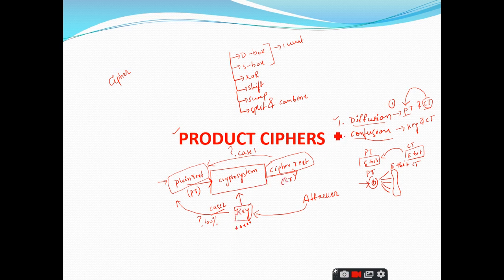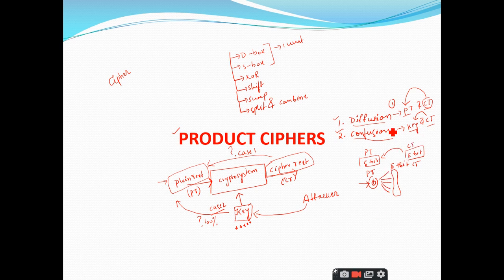And the second term that we need to discuss is confusion. Confusion is where a good relationship is maintained between the key and the ciphertext. The same concept applies here as we discussed in diffusion. More number of bits from the ciphertext are linked with the key.